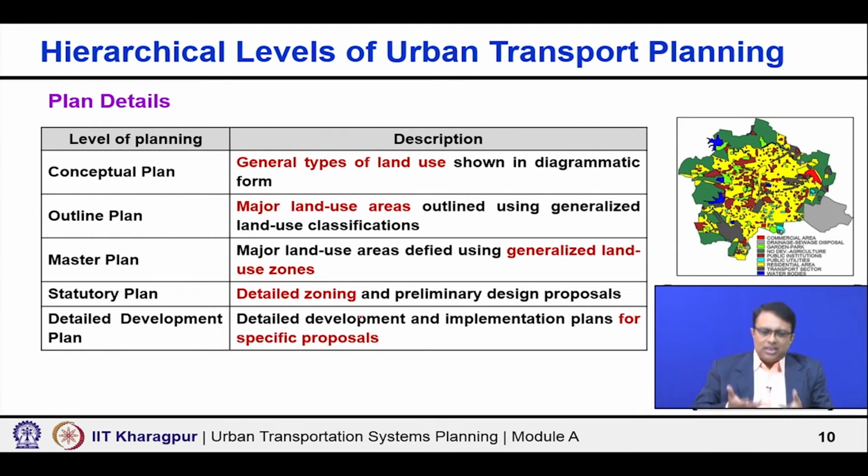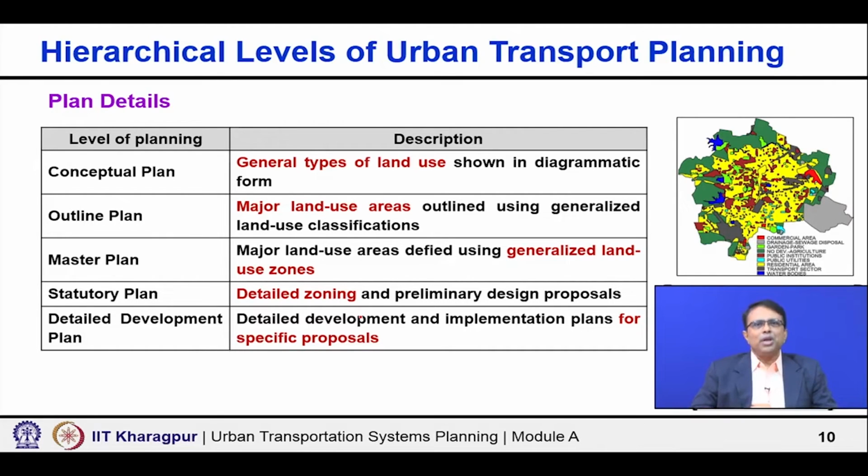In terms of plan details, when we are developing a conceptual plan, we only consider general types of land use shown only in a diagrammatic form. Just what is the general type of land use. When we go to the outline plan, we show the major land use outlines using generalized land use classification. So, we are bringing in land use classifications here, trying to identify the major land use areas.